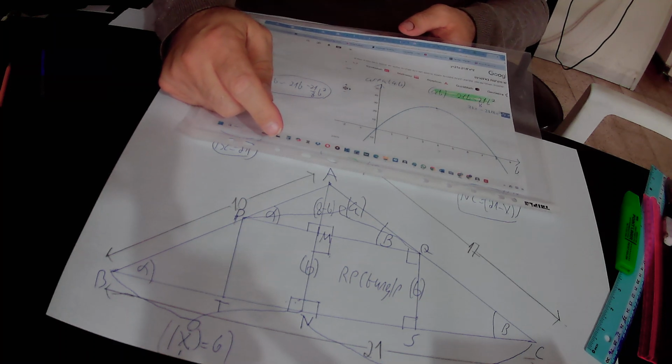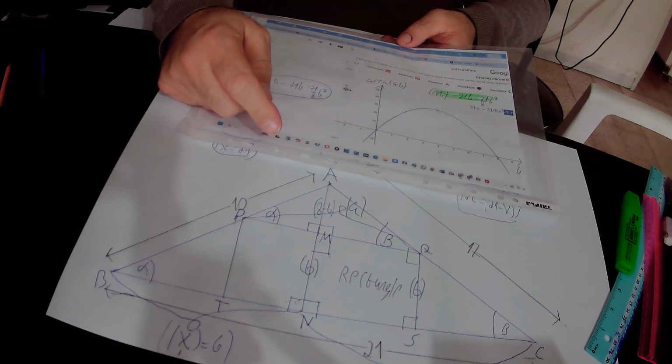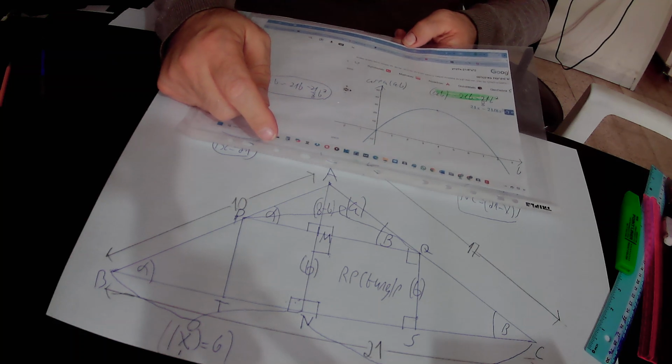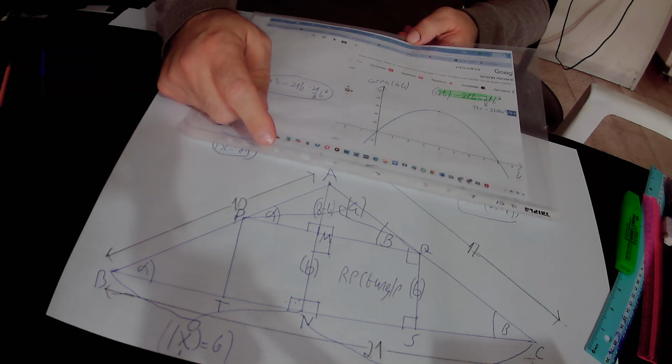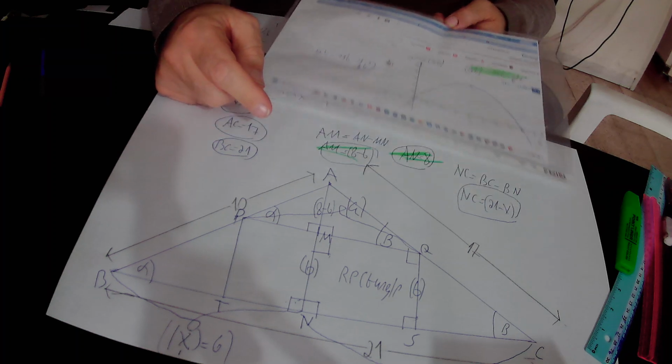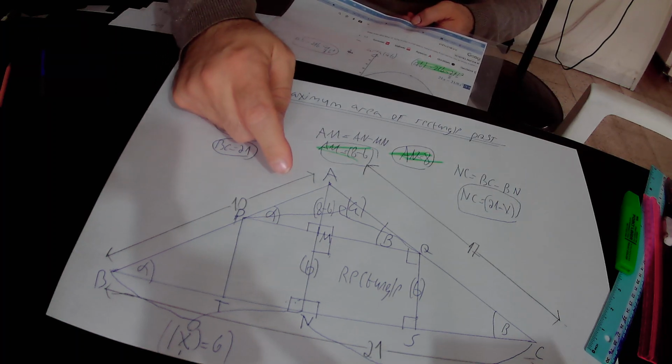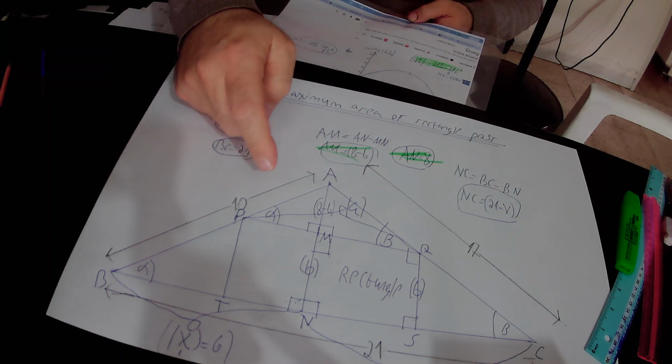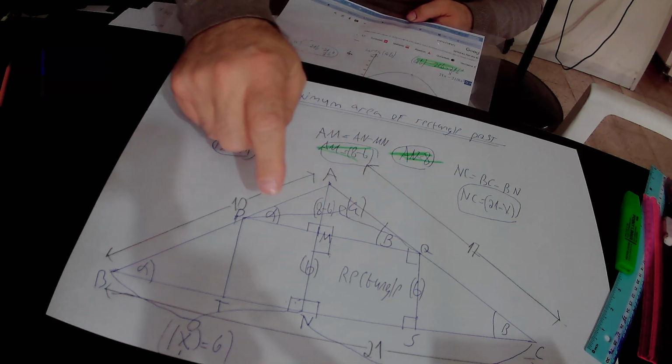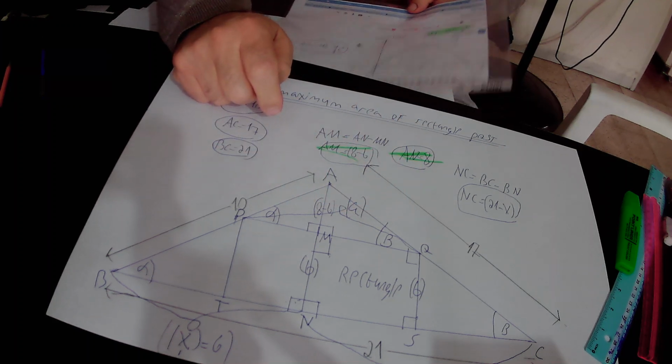That is to say, we found the maximum extreme point and not a minimum extreme point, and therefore when b equals 4, the area of this rectangle PQST will be at its maximum value.